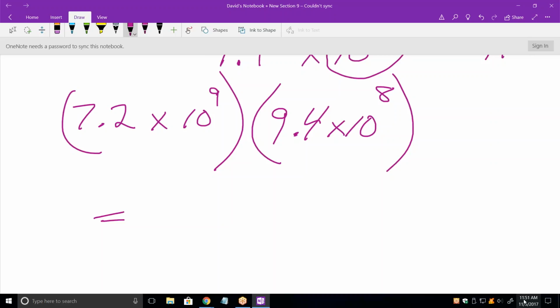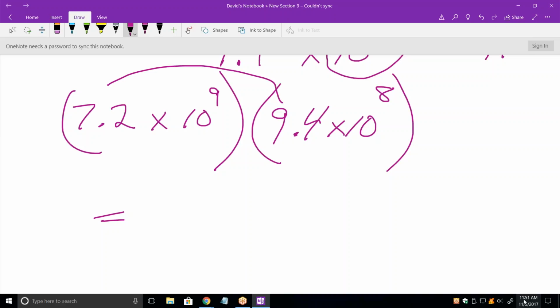Do it in steps. Don't try to come up with the final answer in one step. Just do the number part, do the tens part, and then convert it. So it's that times that is your first step.